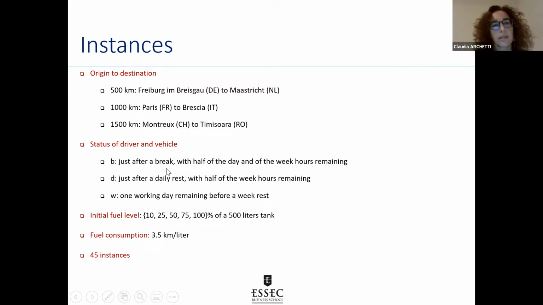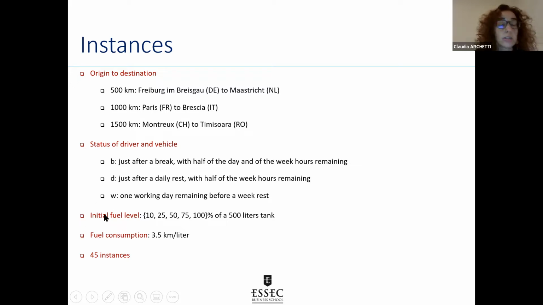And according to the 3 cases, there is more or less flexibility in terms of the remaining hours that can be driven by the driver in the following days.